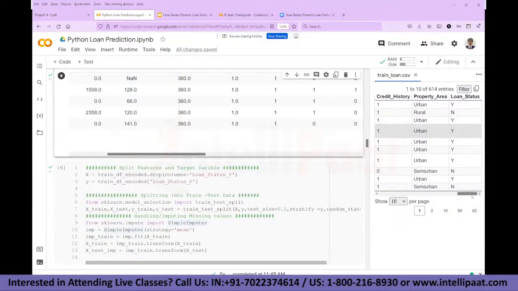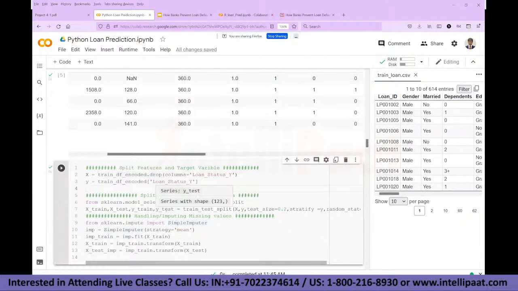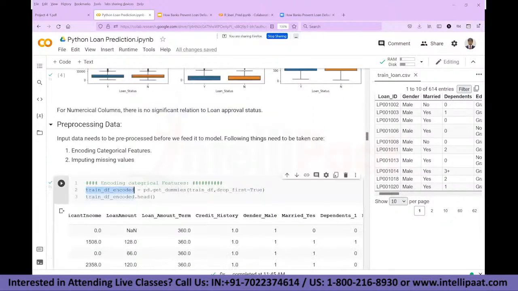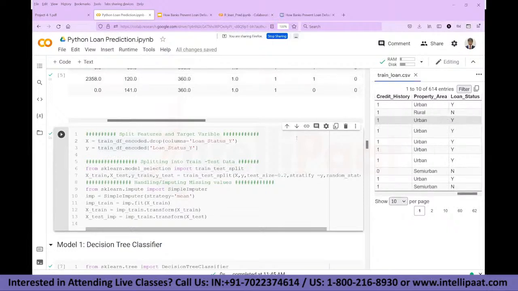Technically, I'm dropping from the train DF encoded, which I got from here, and putting my X and Y. Y is my loan status, yes or no, and X is all other columns apart from the loan status column. So X is my features and Y is my target variable.